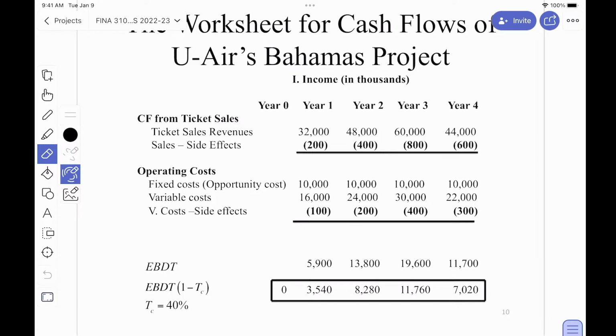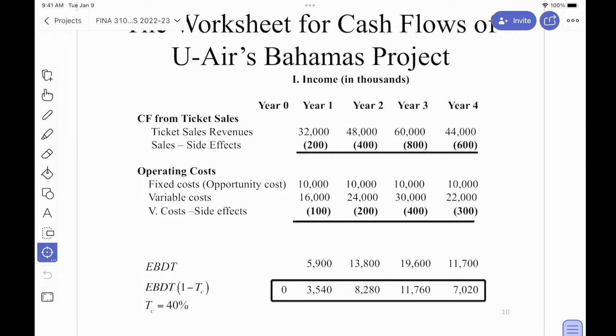Yeah, so what we did, all we managed to do was to solve for income. And I explained that we can use this worksheet approach in Excel or you can write by hand to get to this stream of cash flows for income after tax of the earnings before depreciation and taxes.